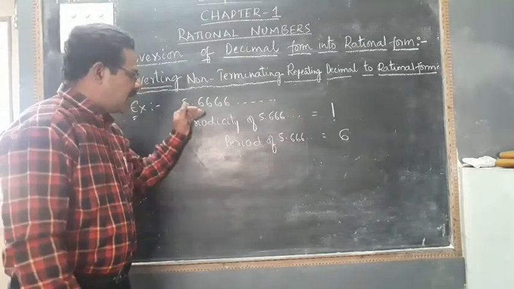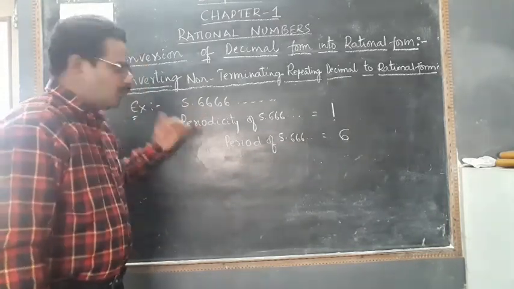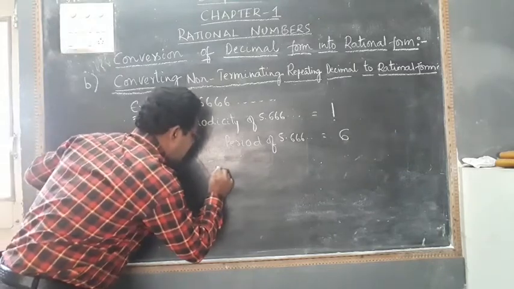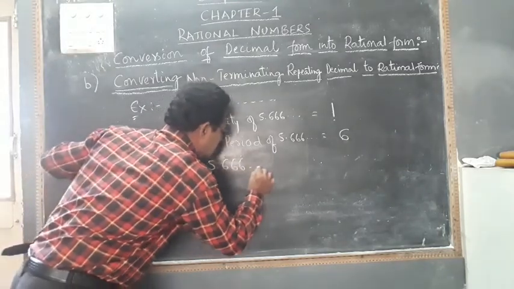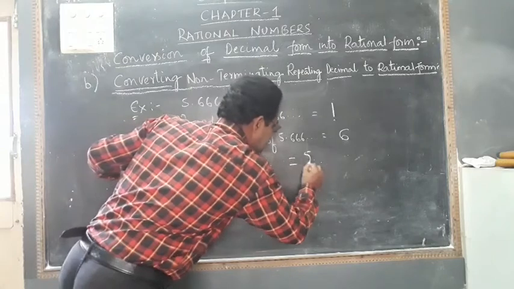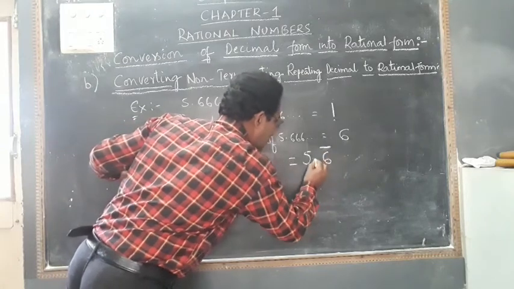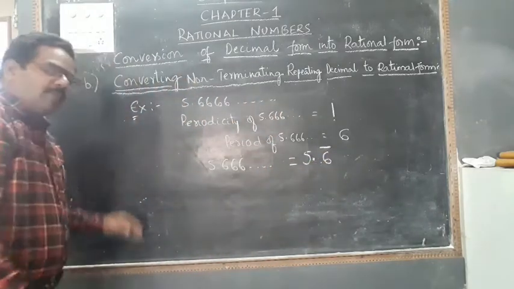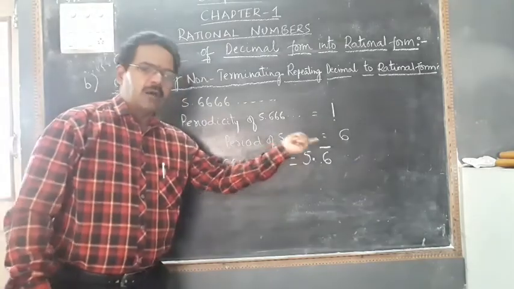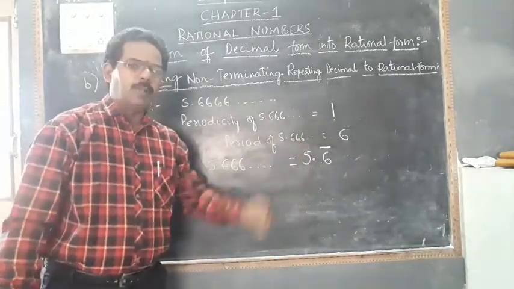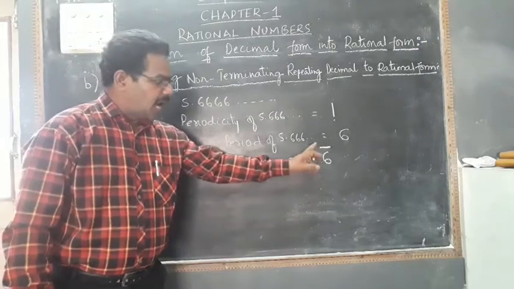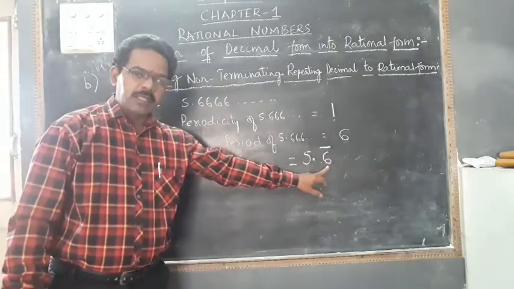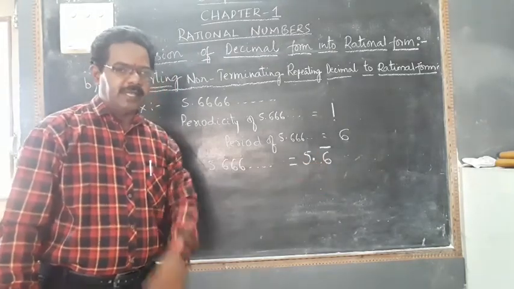Understand? So by knowing these two, 5.666 and so on can be written as 5.6 bar. Here we put a cap, that is called a bar. If you have written a bar on the 6, that means 6 is repeating.